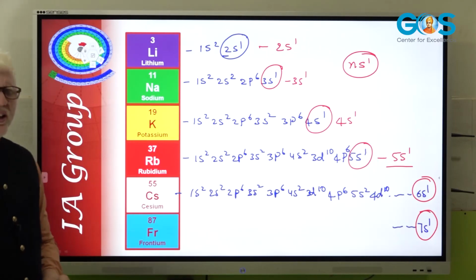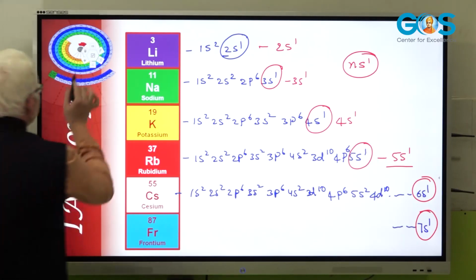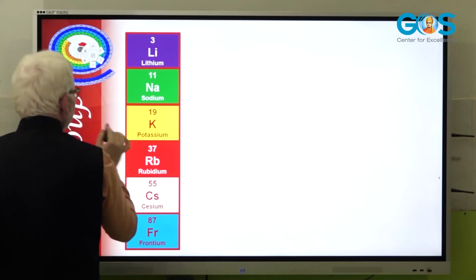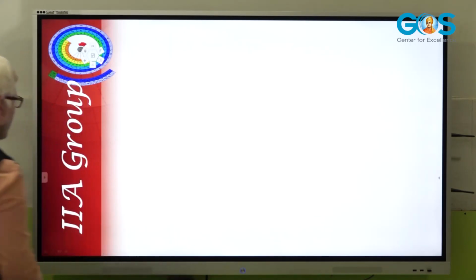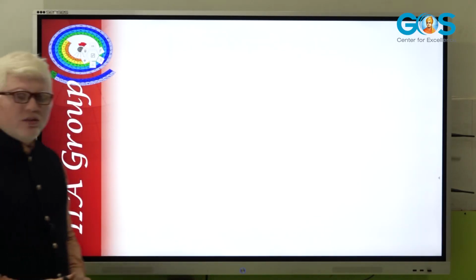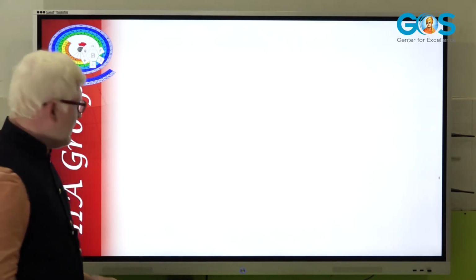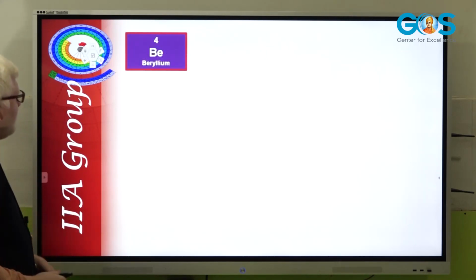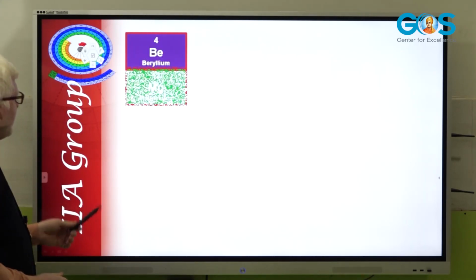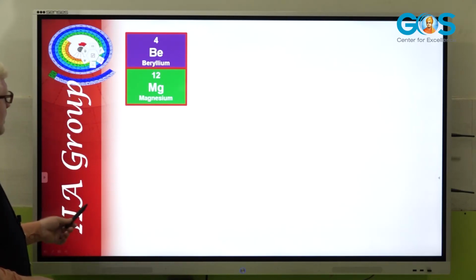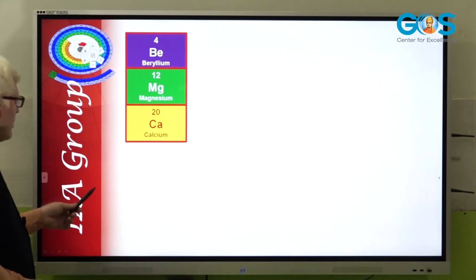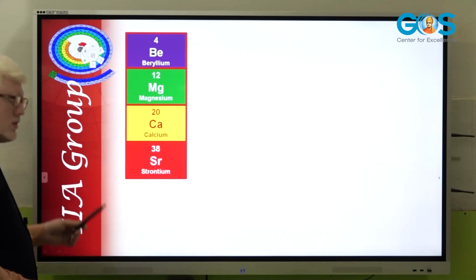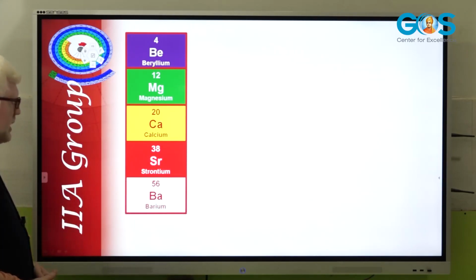Now let us go to the next group, that is 2A group elements. What are the elements that come under 2A group? Beryllium, magnesium, calcium, strontium, barium.